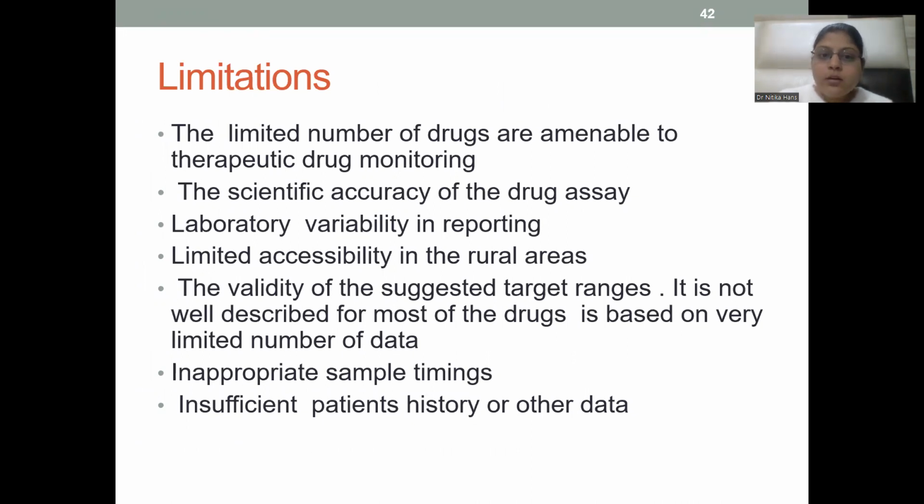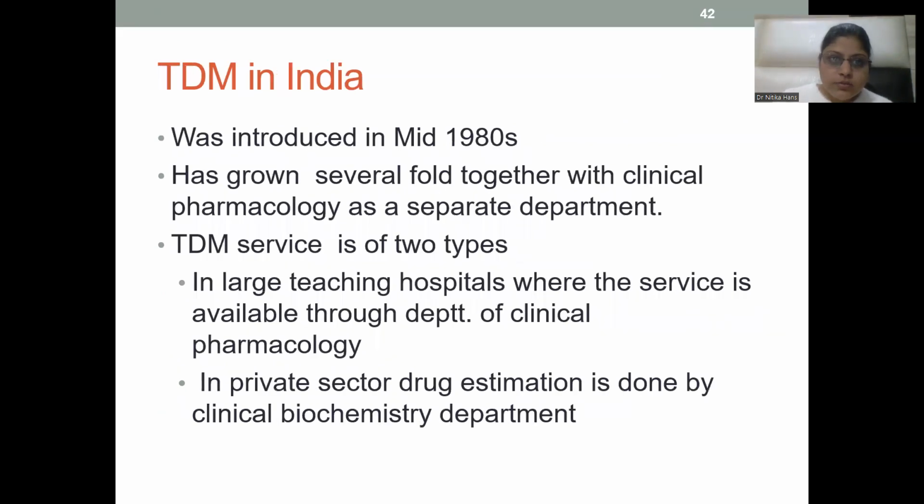Validity of the suggested target ranges is not well described for most of the drugs and is based on a very limited number of data. Inappropriate sample timings can be there, or insufficient patient history or other data is a limitation.